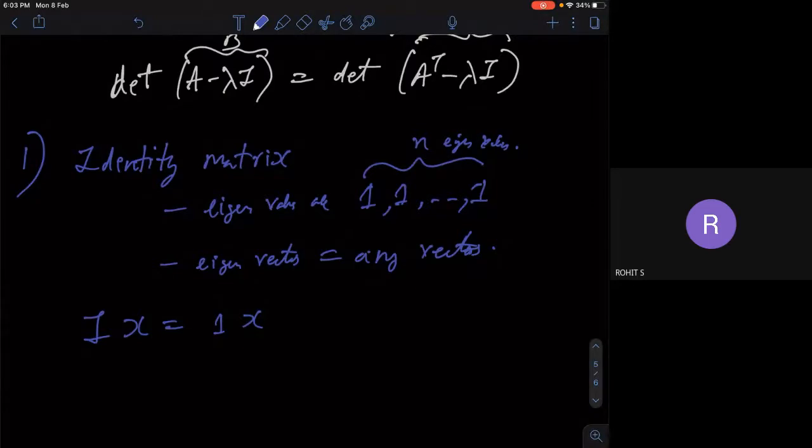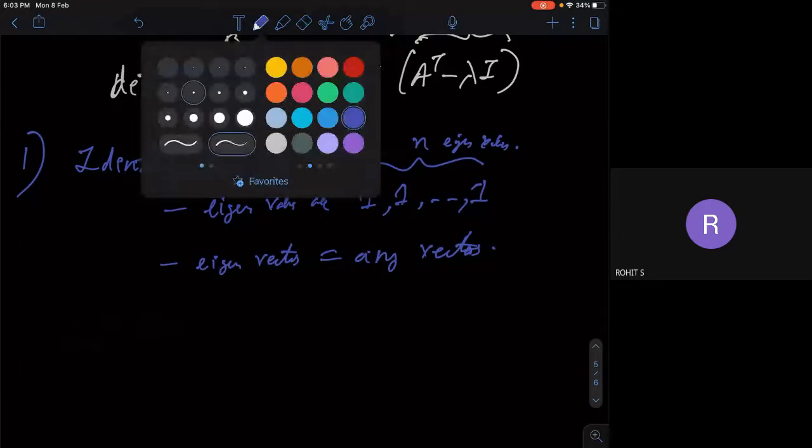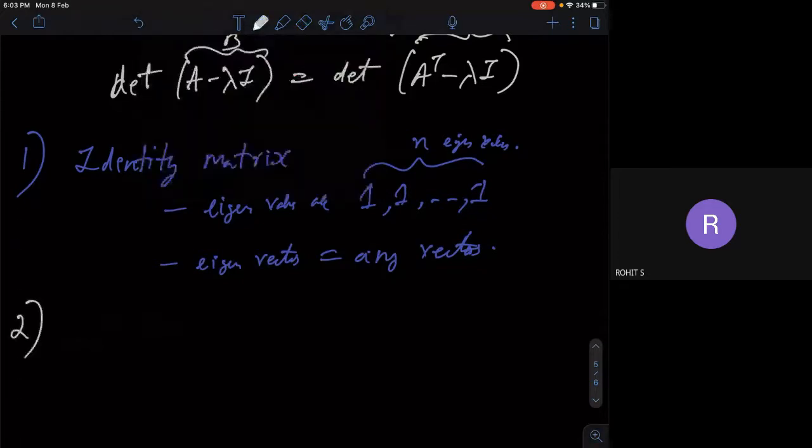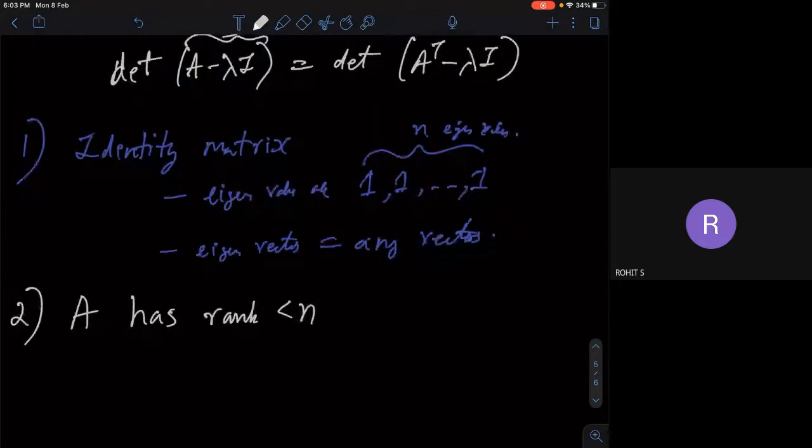Now, let me take another example. A matrix A has rank less than n. Can you give me one eigenvalue?